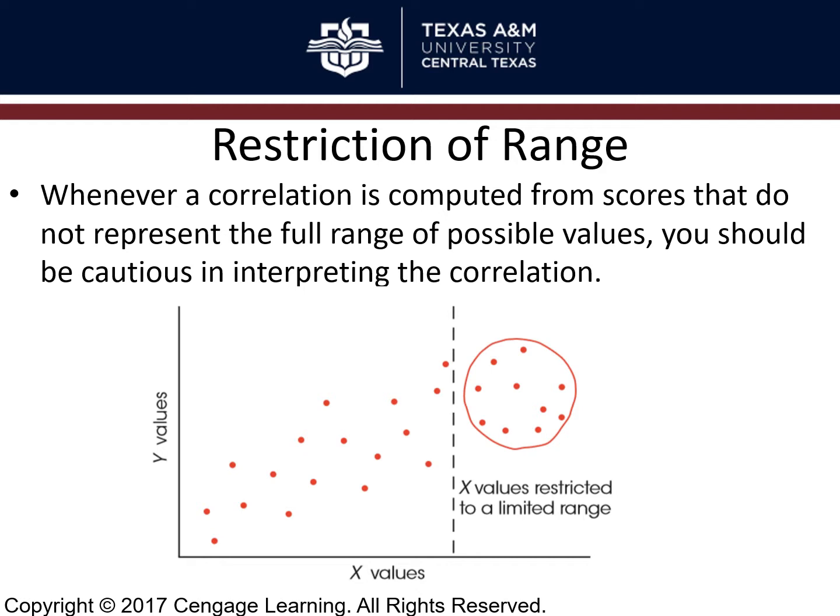So if you're doing a study and you get a troop of deployed soldiers, and you measure their combat exposure and maybe symptoms of PTSD, and in that small sample you find no correlation, nope, it's not related.